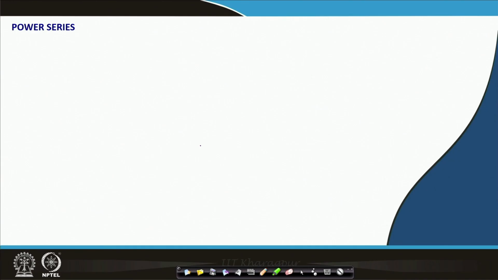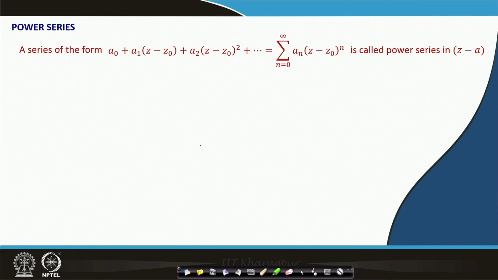Okay, so what is a power series in connection with the complex variable? A series of this form: we have a0, then some constant again, and z minus z0, another constant z minus z0 squared.